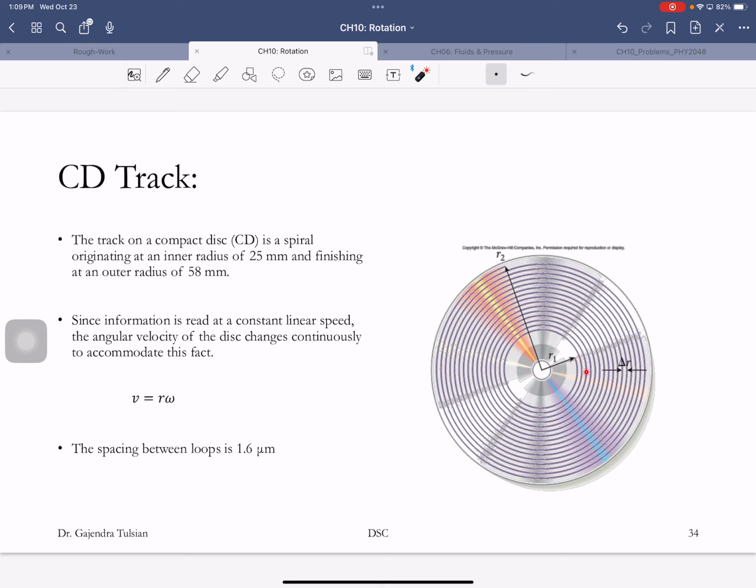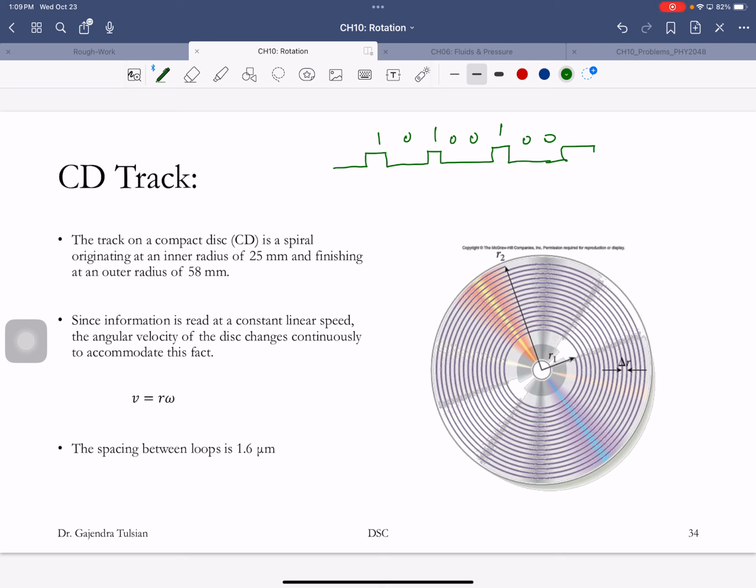The data is on that line, and it's encoded in bumps. So ones and zeros. That's how data is encoded.